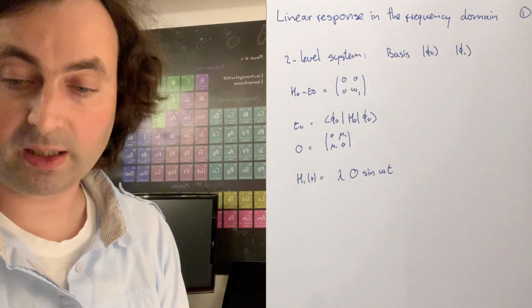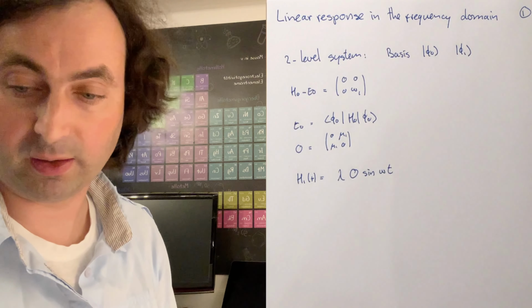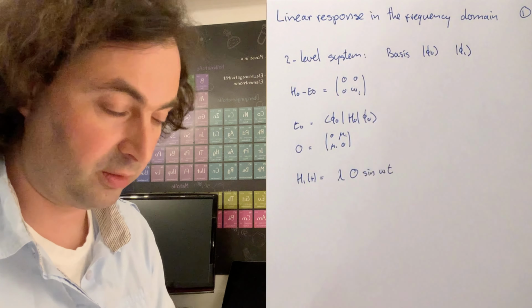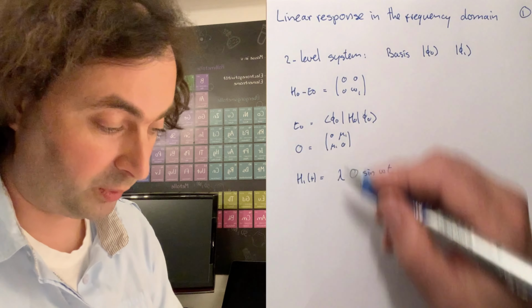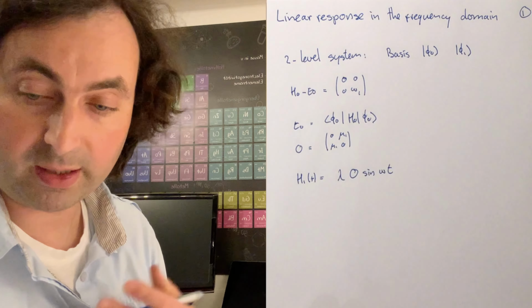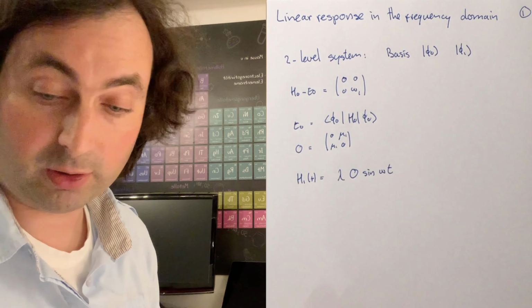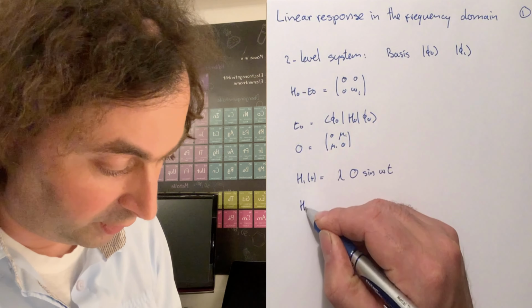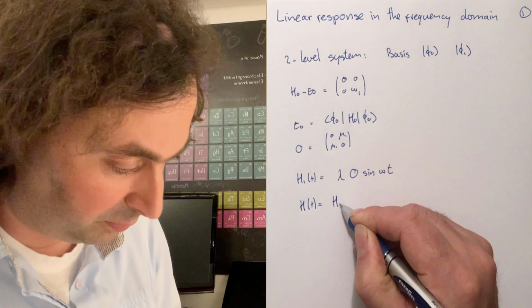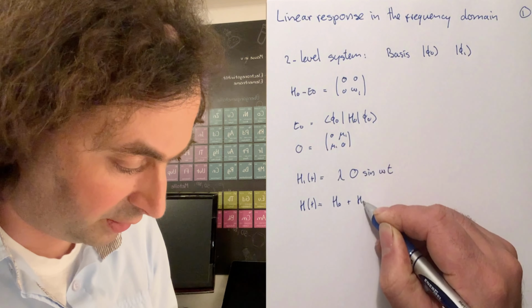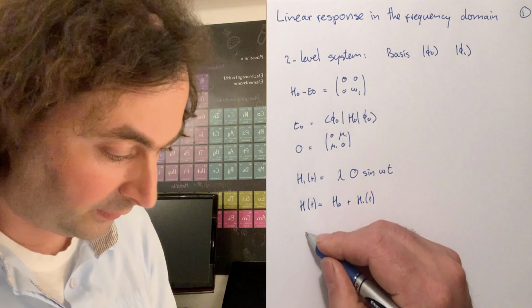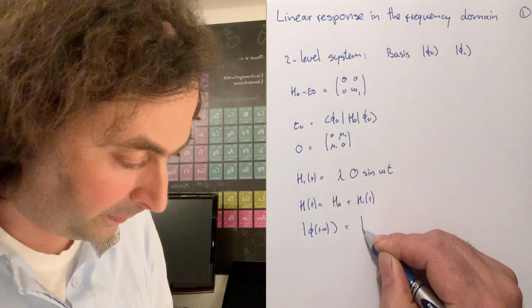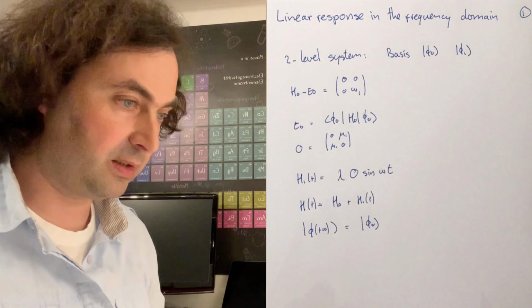In our previous example, we solved this system and calculated the response for a hydrogen atom, where this is the 1s and the 2p orbital, but in principle this can be any system, a spin system, any two-level system would follow this mathematical basis. The full Hamiltonian is then given by H0 plus H1 of t, and we assume that at t equal to 0, the system is in state 0.